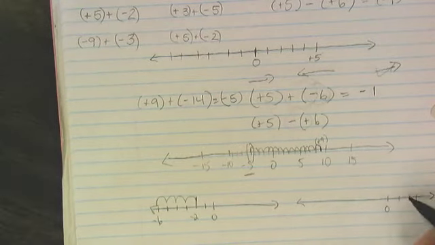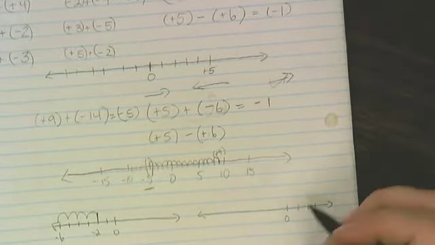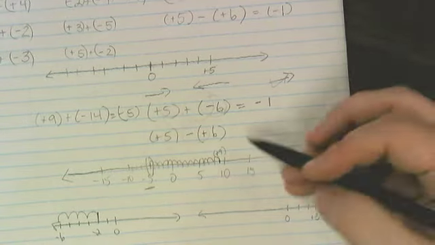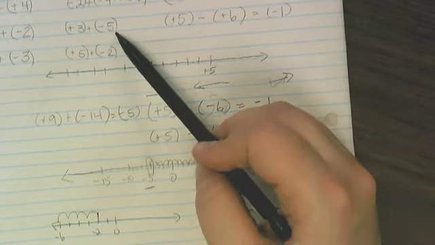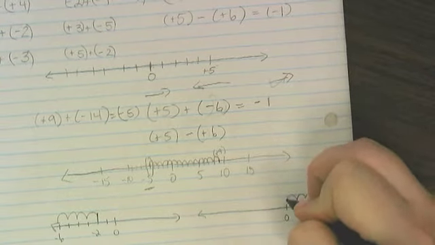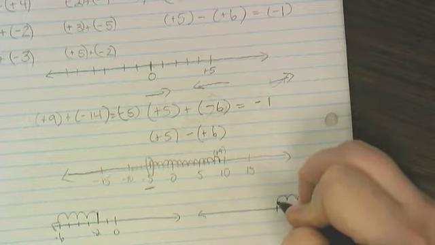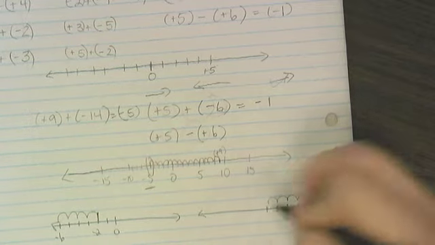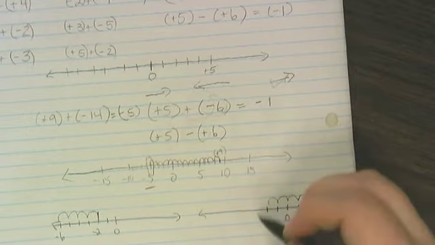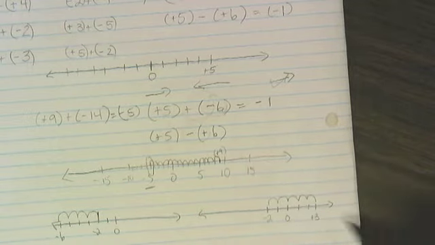Positive 3 is to the right of the 0. I am now adding negative 5, going to the left or to the right? To the left. 1, 2, 3, 4, 5. 0, negative 1, negative 2.